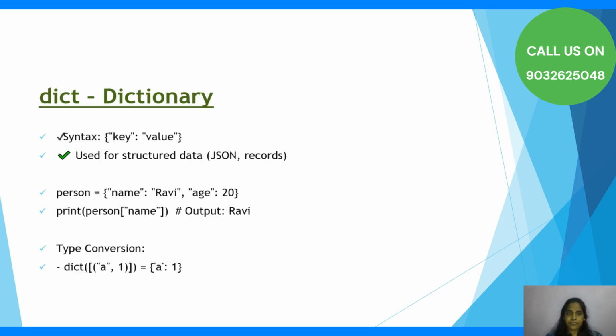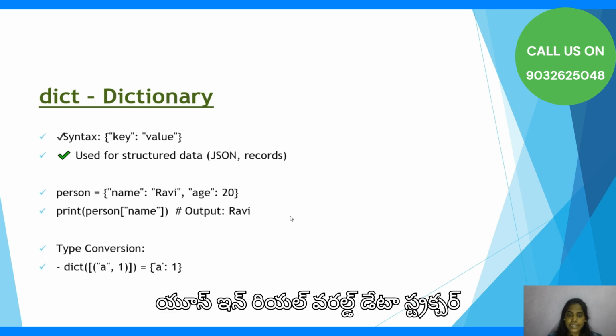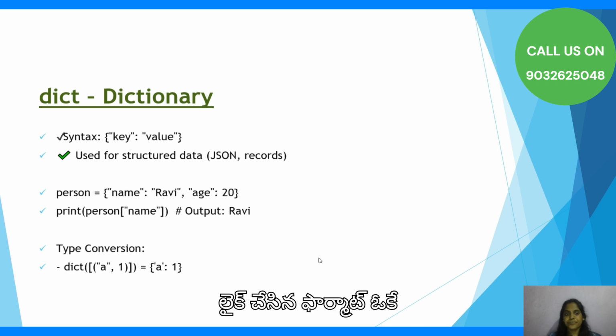A dictionary, or dict, stores data as key-value pairs. It is commonly used in real-world data structures like JSON format. Here is an example: person equal to name Ravi, age 20.